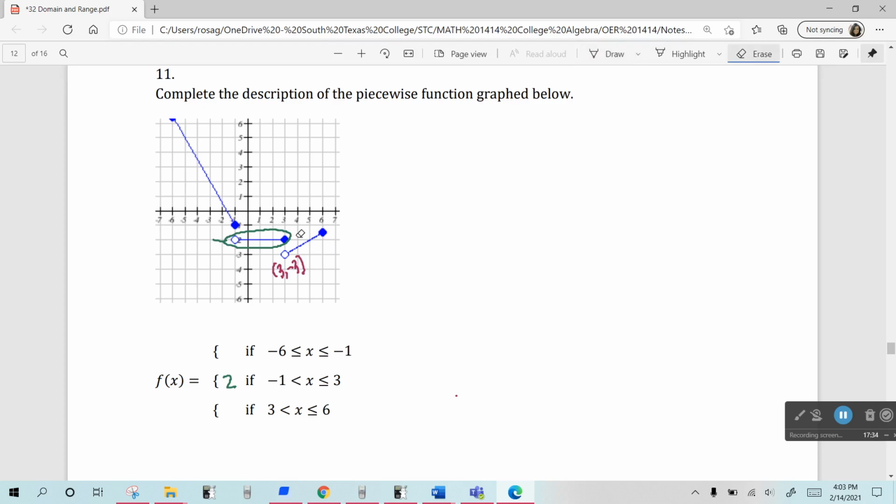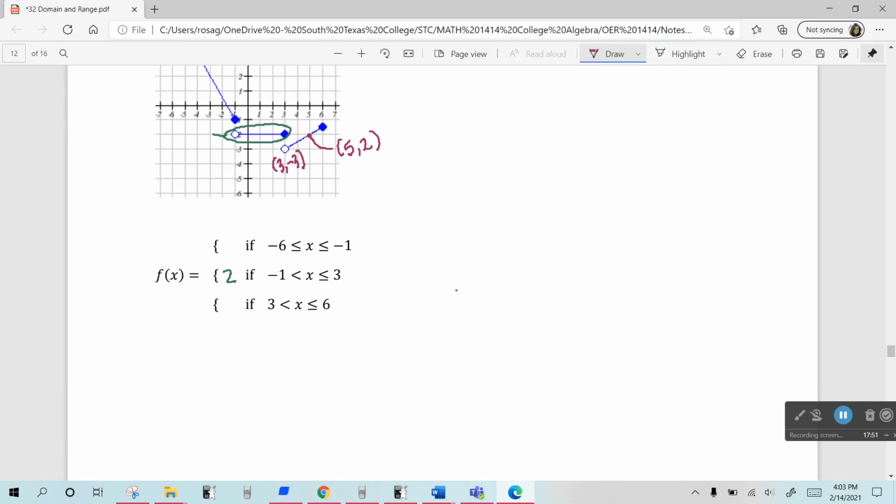Let's use this one. That's going to be 5 on the x and 2 on the y. So what you have to do is find the function that has those 2 points. It's a line.